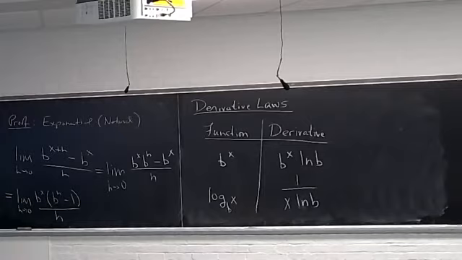Now, what just happened there? We've shown what the derivative of a general exponential is: b to the x times this limit. This limit can be rewritten.